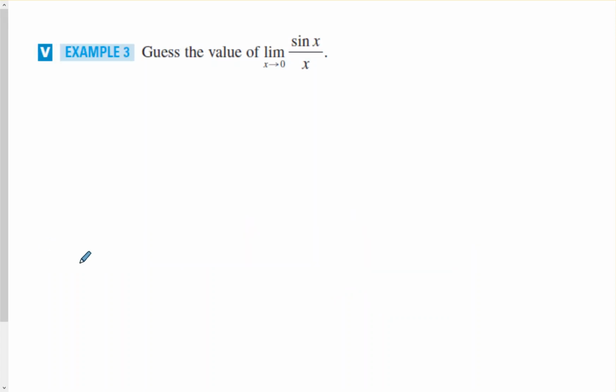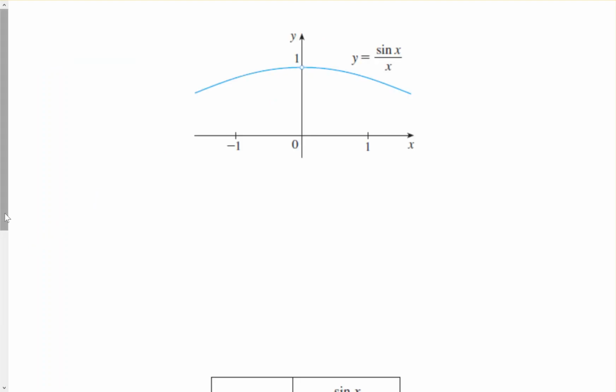Yes, the value of the limit as x approaches 0 of sine x over x. Okay, so we can look at the graph of that. If we graphed y equals sine x over x, this is what the graph would look like.